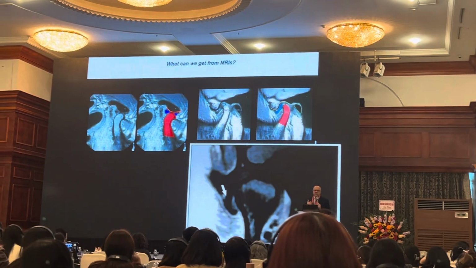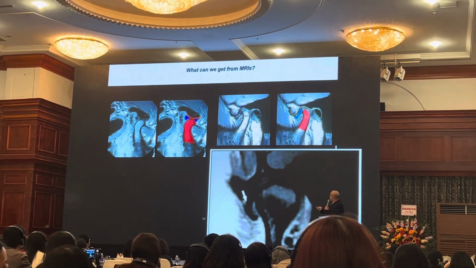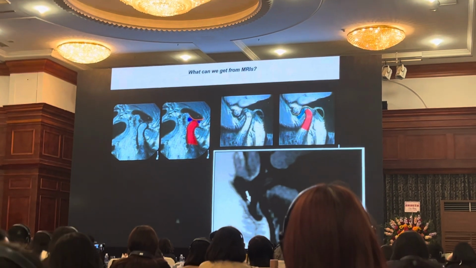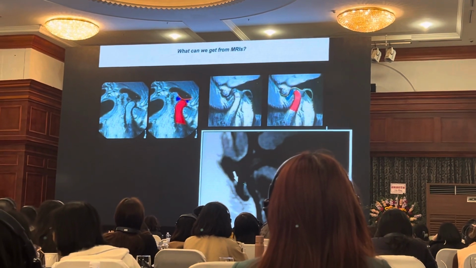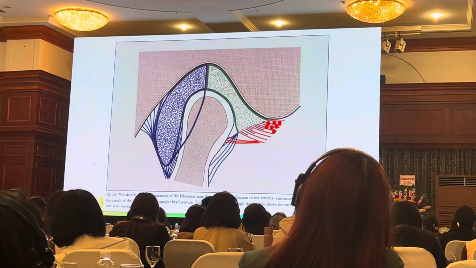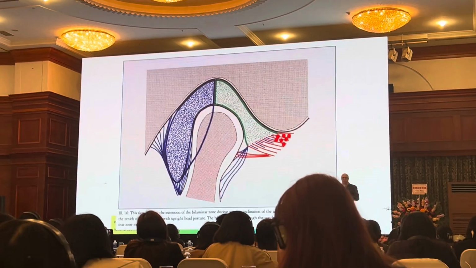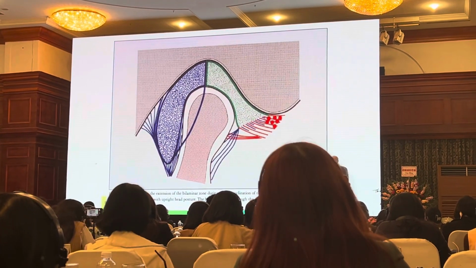I cannot see the disc in X-rays. So in the MRI, I can see, for example, if the disc is on top or if the disc is displaced anterior like this or sideways like this, okay? So depending on the configuration of the eminence, the disc can be in different positions. For example, this is a normal joint.